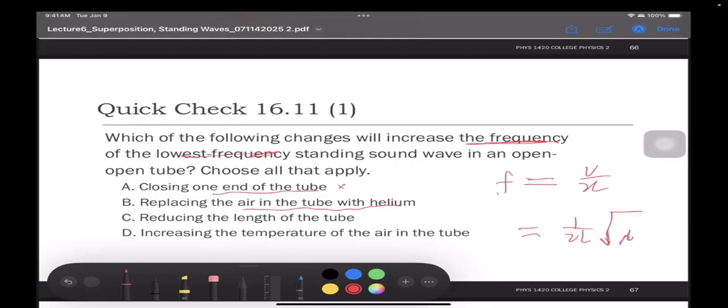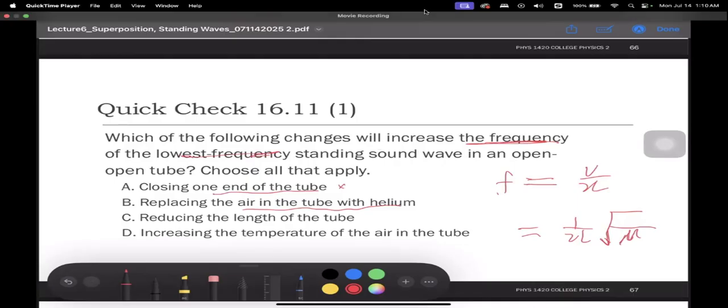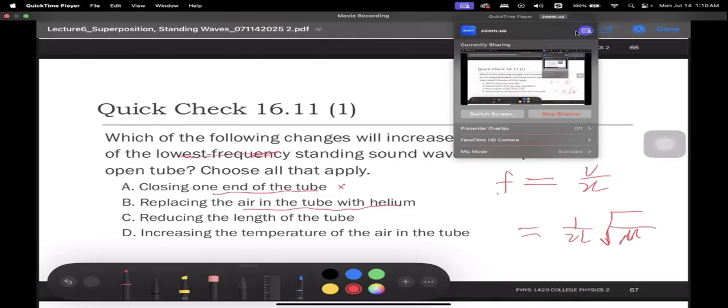This is for the sound, so we need to use the other equation, the sound speed equation.